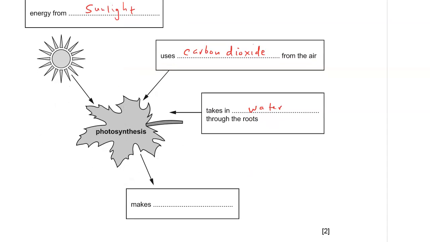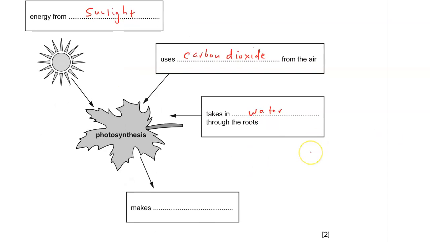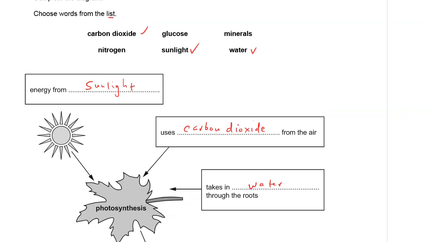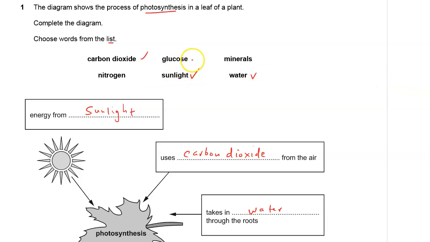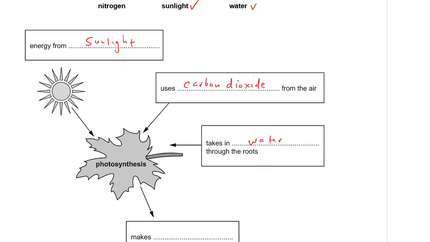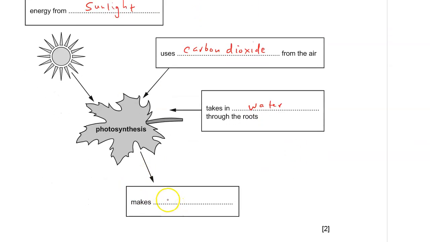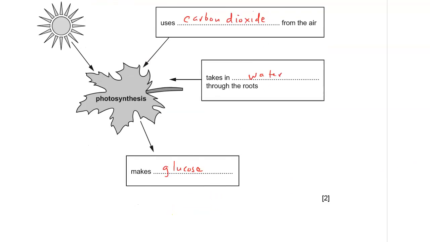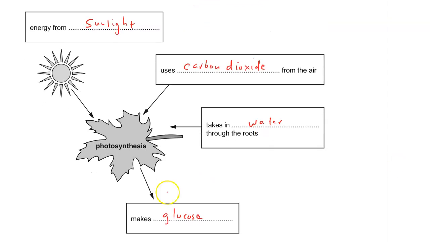Then lastly, photosynthesis, its purpose is to make food for the plant. So when you look at the choices here, we need glucose. We don't need nitrogen or minerals. We need glucose. So right here we've got glucose. That is photosynthesis right there.